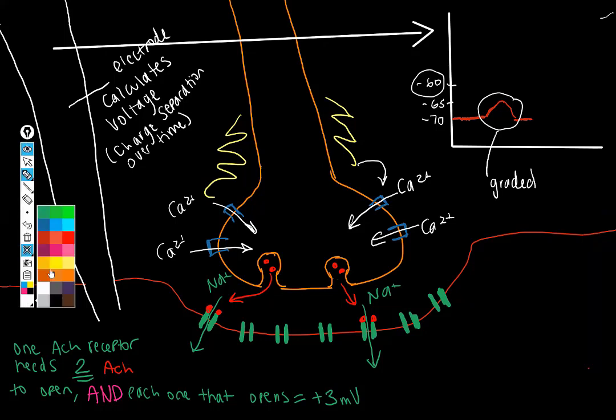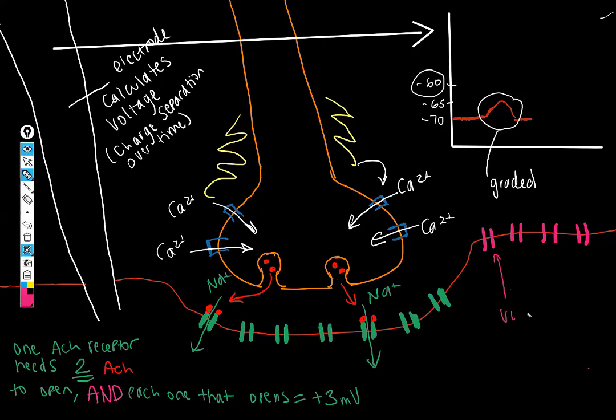So for example, I've been naughty. I didn't draw over here. A short distance away from the junction, we've got voltage gated sodium channels.